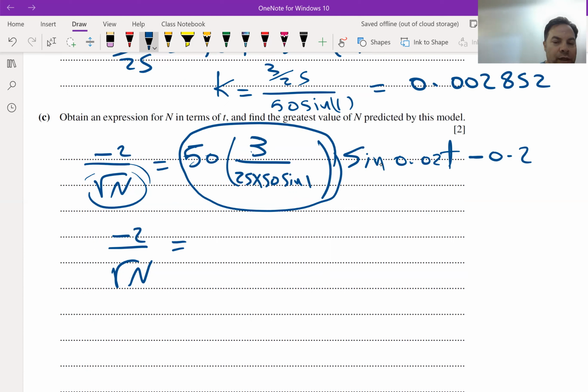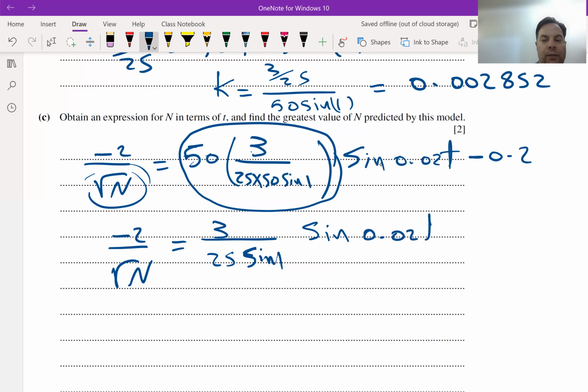This fraction will be 3 over 25 multiplied by sine 1, multiplied by sine 0.02t minus 0.2.